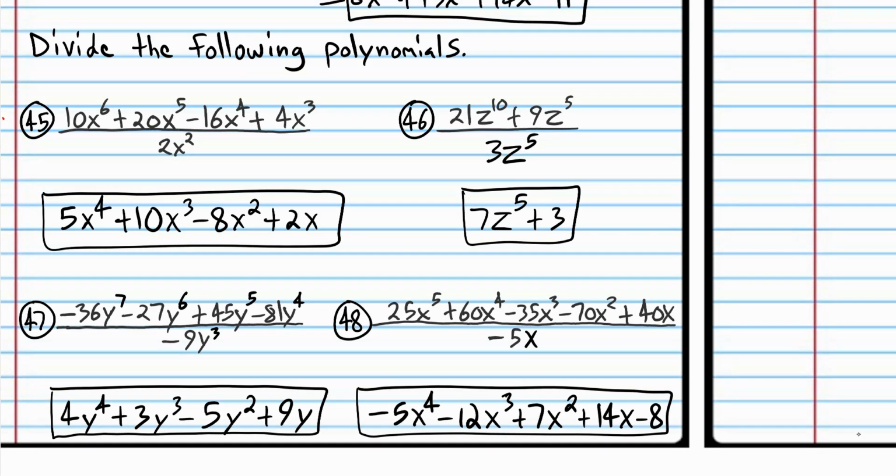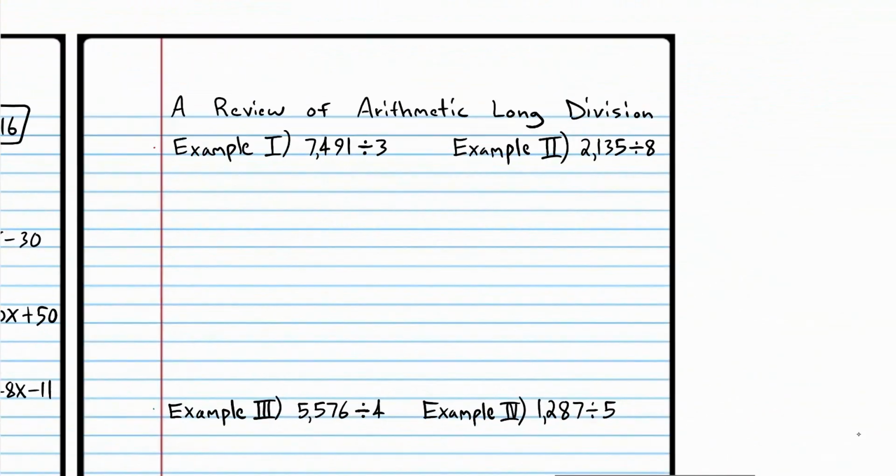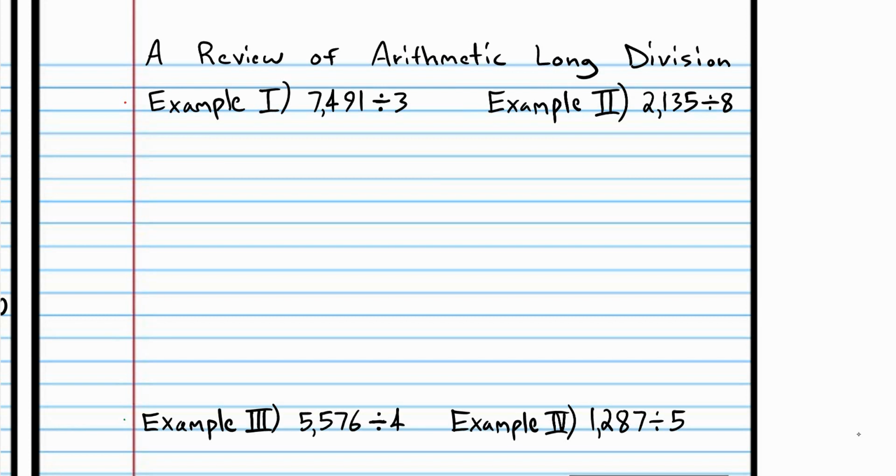But when we divide by binomials or trinomials or polynomials with 4, 5, 6 terms, we have to use something called long division. Now, we learned arithmetic long division, what I call arithmetic long division, in my arithmetic course. That's when you just divide normal numbers. But when you divide polynomials, you're going to need to use that same long division process.